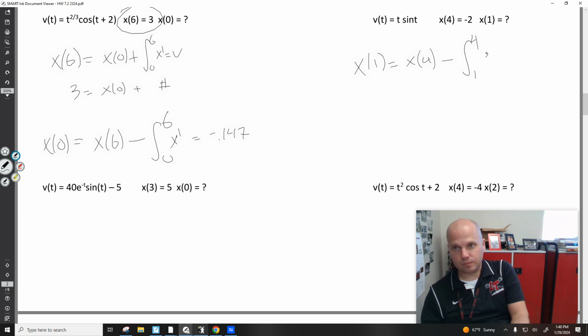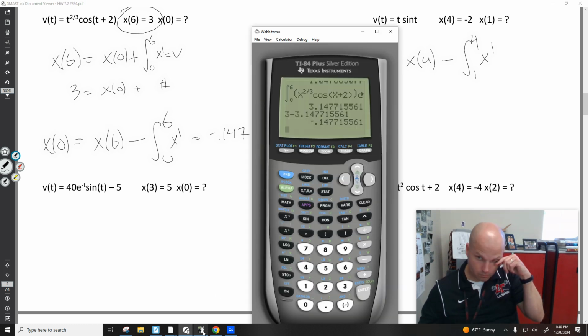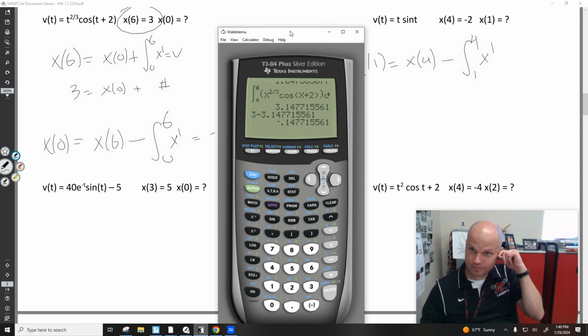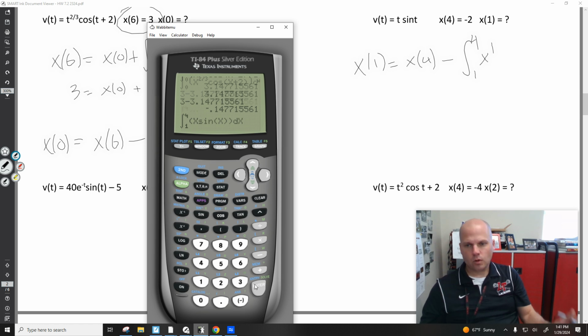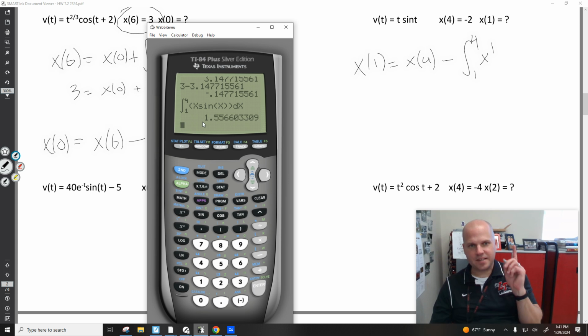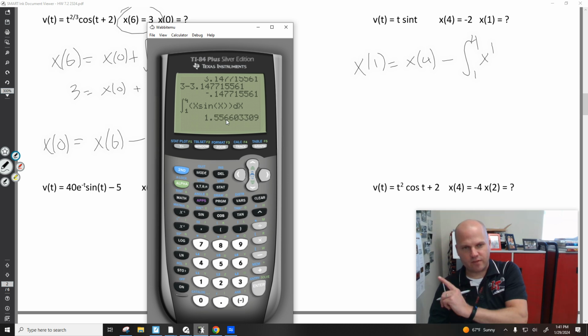Maybe I'll show you the other way to do it. I don't want to, but watch. If I go 1 to 4 of t sine t, this is a little bit different from pounds. What does this mean? I end up 1.556 to the right of where I started.